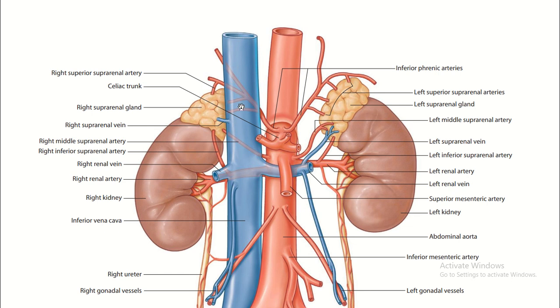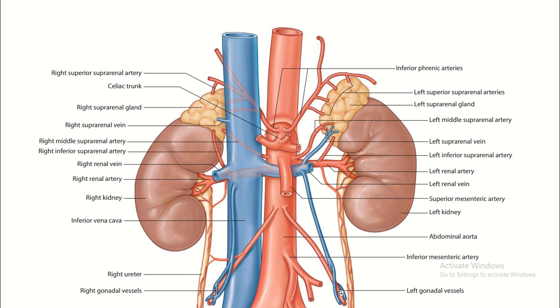And then venous drainage, right? You're going to have your right renal vein and your left renal vein, right? And take note of this: the left renal vein is the one that we said when we were doing the spermatic cord, right?